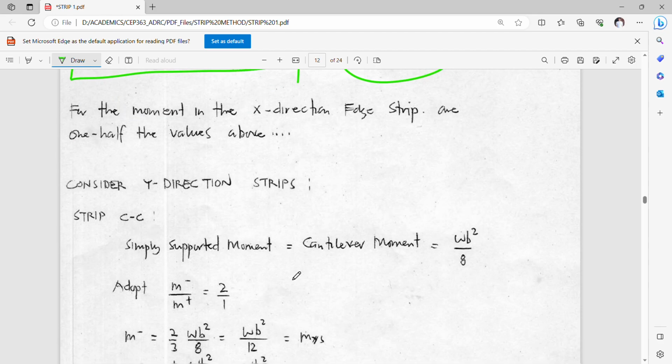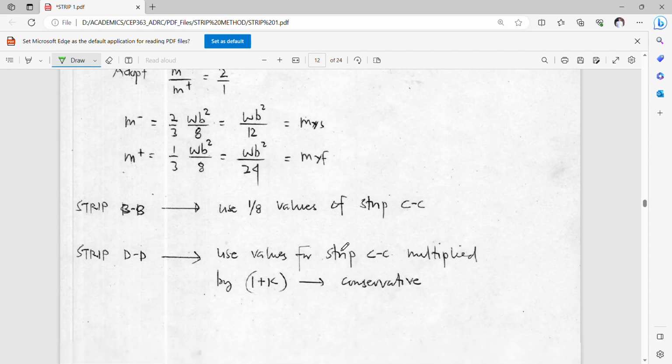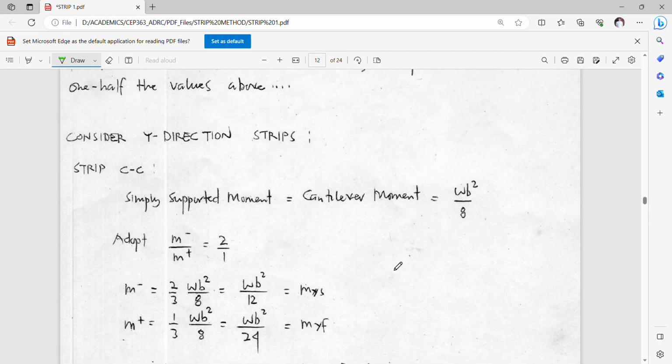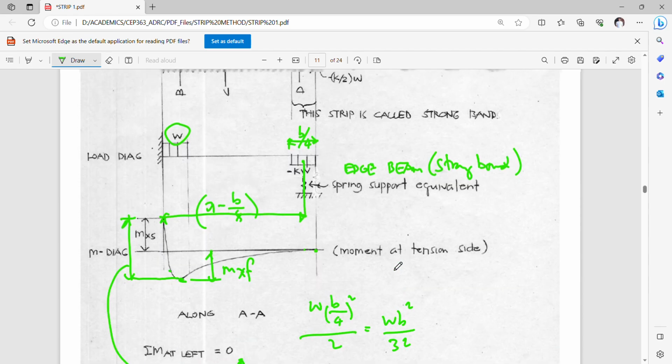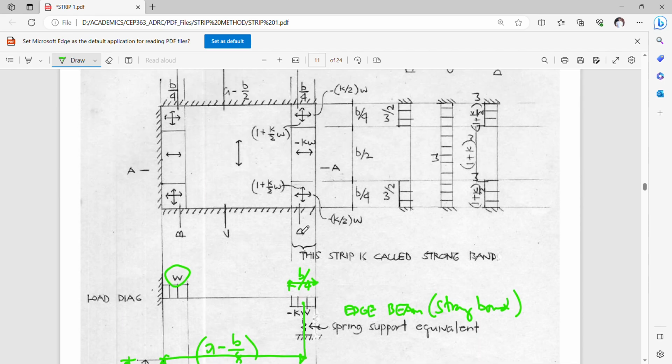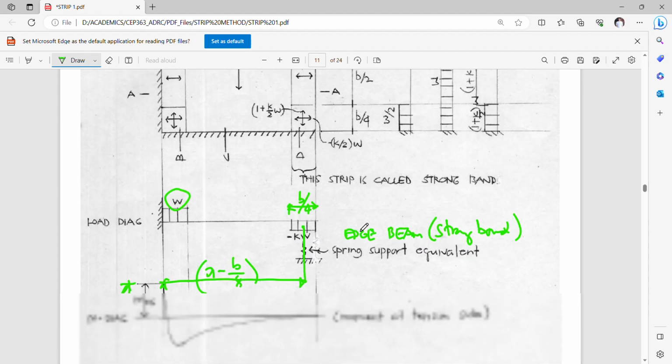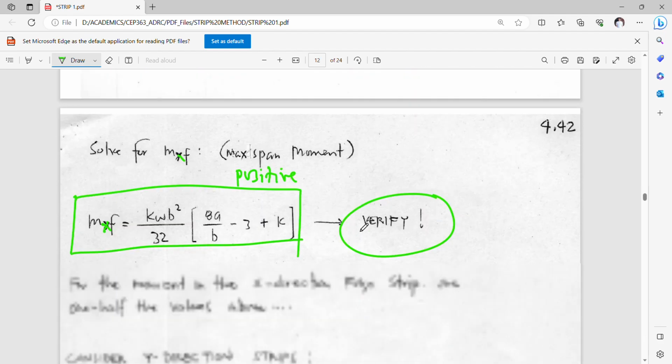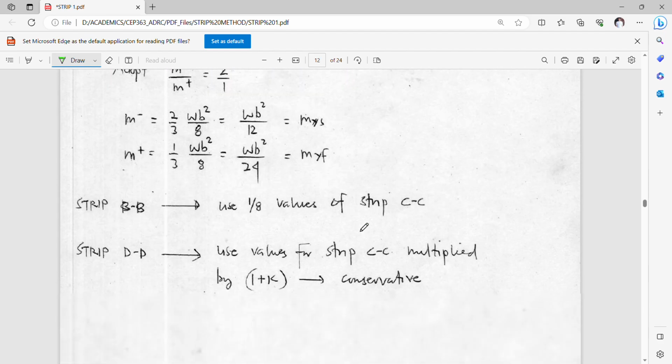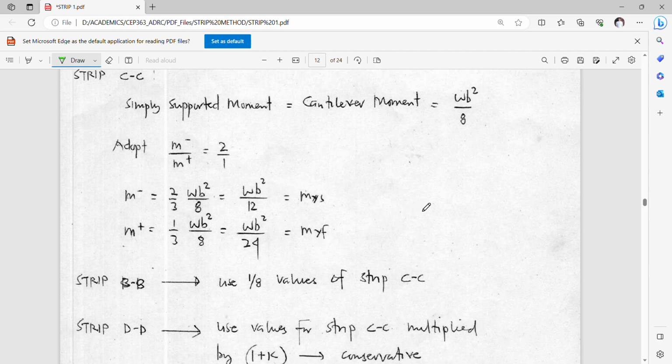Consider the y direction strips, strip CC, DB, and BB. So these are the loading diagrams. So all we need to get is moment negative and moment positive in terms of MYS and MYF, which are this and this.